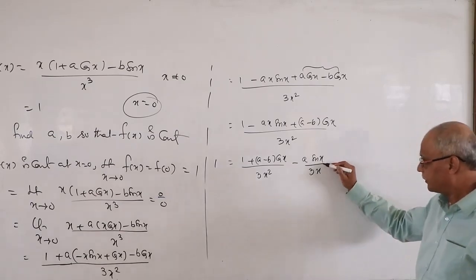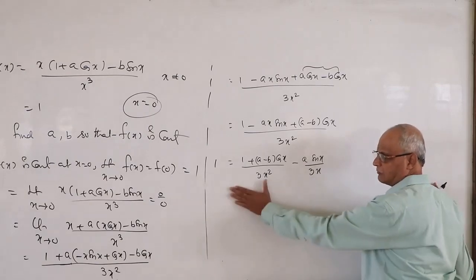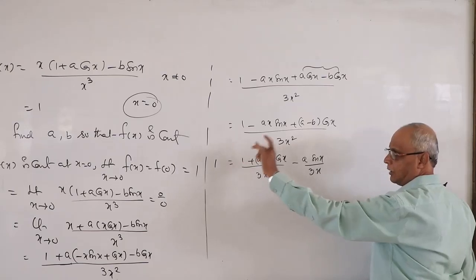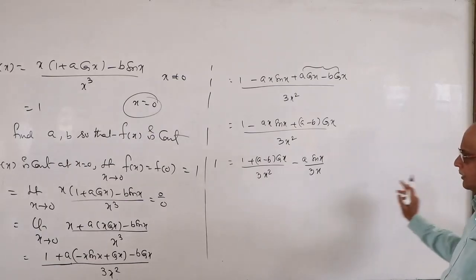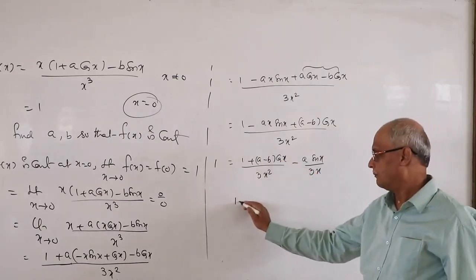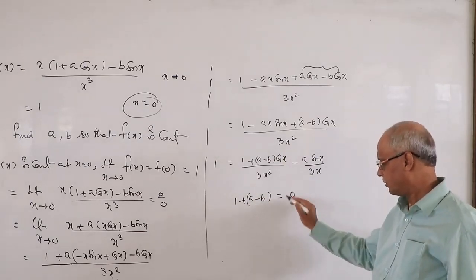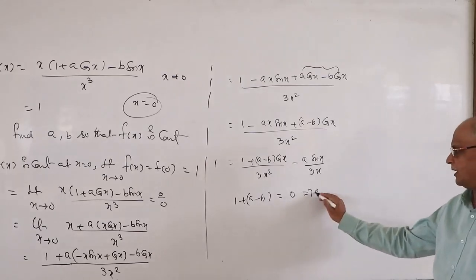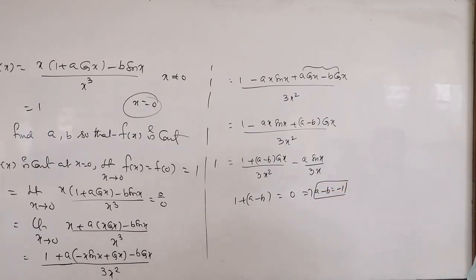This is okay, finite. You are able to get a finite answer as 1 only if this is absent. If this is missing, you are getting the answer. How to say it is missing? 1 plus a minus b into cos x as x tends to 0 is 0. That means a minus b is minus 1. One equation.